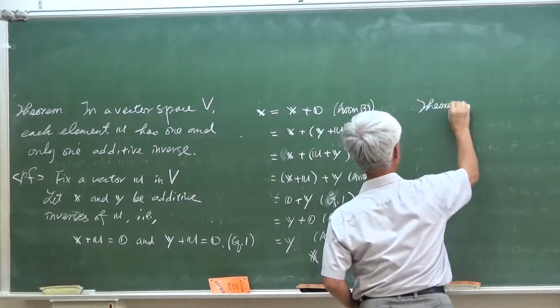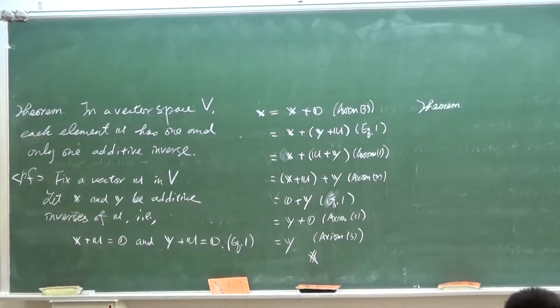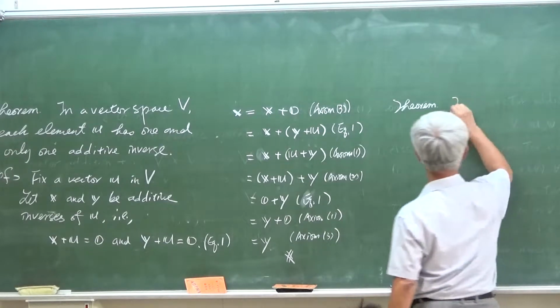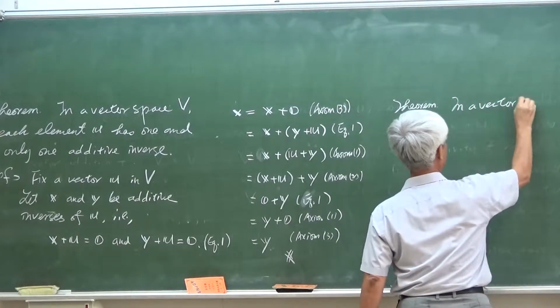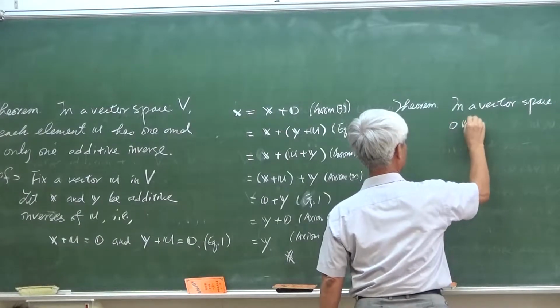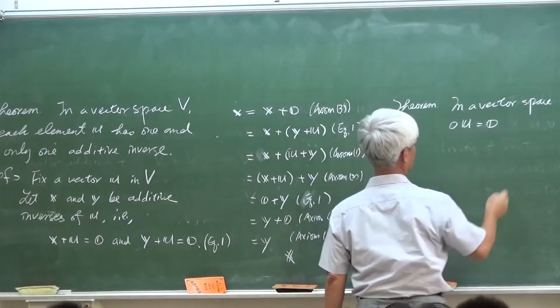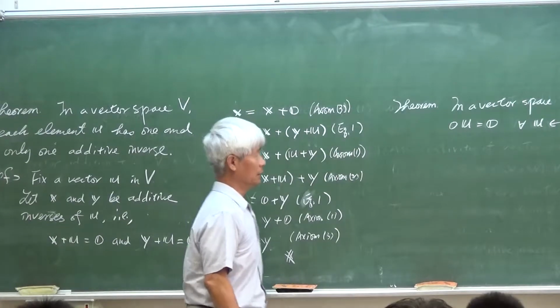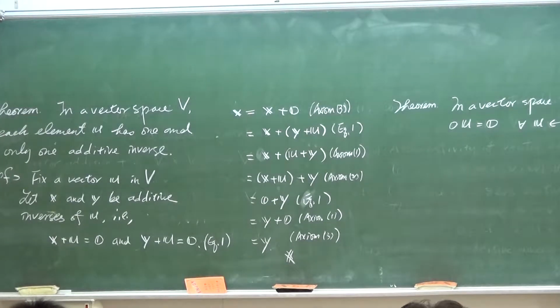Next theorem. We may have a question. In a vector space, 0 times u equals the 0 vector, for all u. Because the unitary property says that the scalar 1, the real number 1, multiplied with the vector is equal to the vector itself.